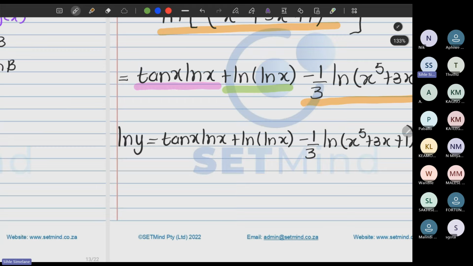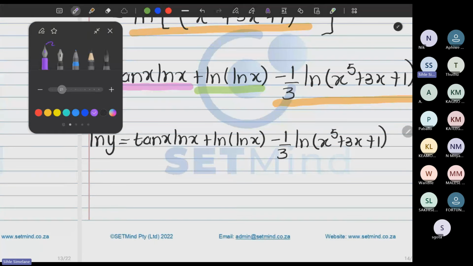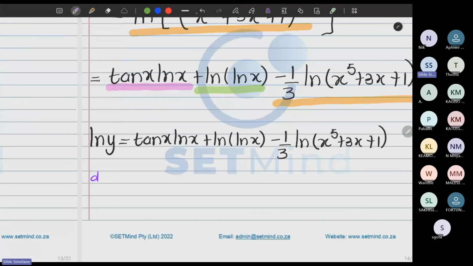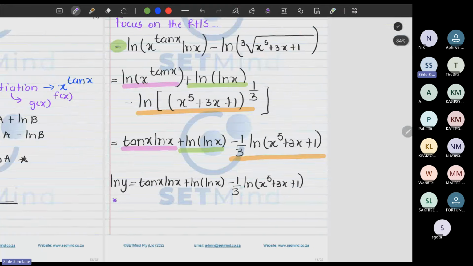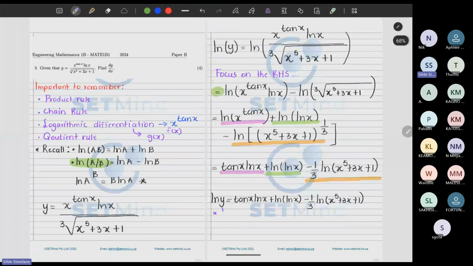So now this is what we have, guys. And what we are supposed to do now is differentiate the left-hand side and the right-hand side, and we'll do that in the coming page. Okay, so let's go to the next page and do that.